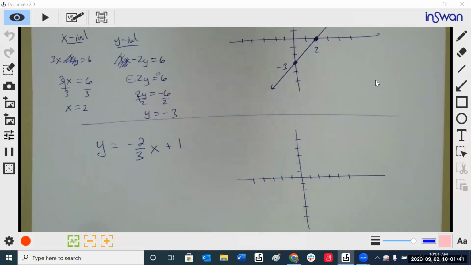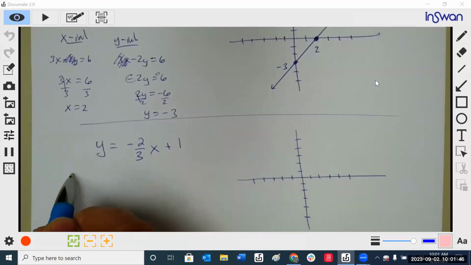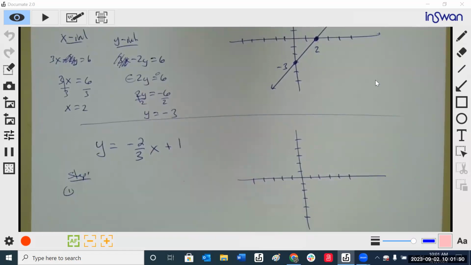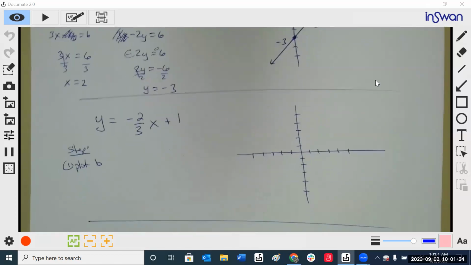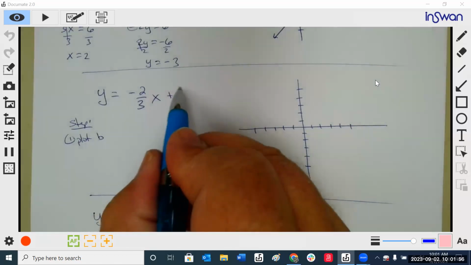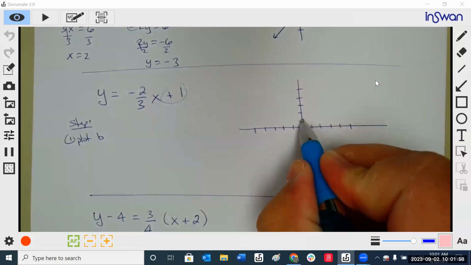So now, this one's the slope-intercept form. When you have this, step 1, plot the y-intercept. This is the y-intercept, 1.